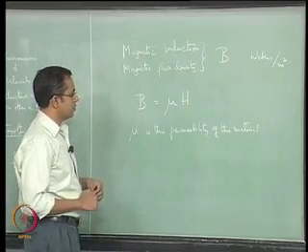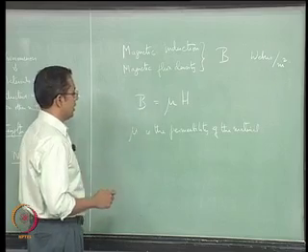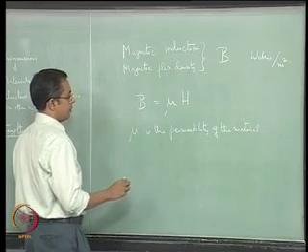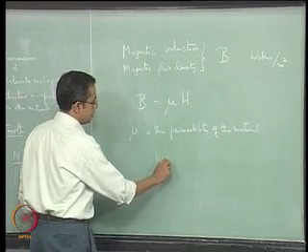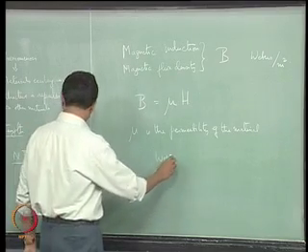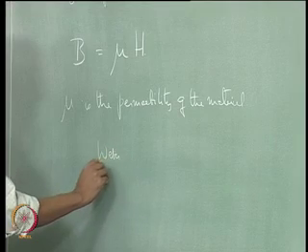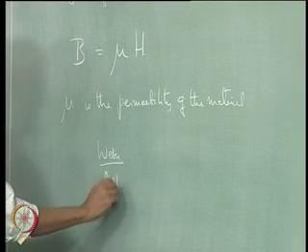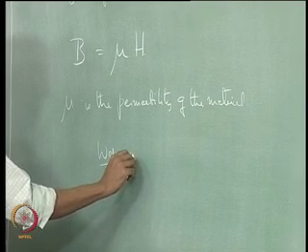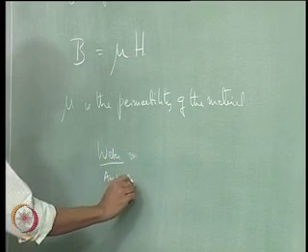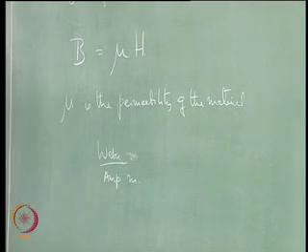Okay, so this is what we have, and you can see the units of mu. It is going to be Webers per ampere meter. This is what you will get, Webers per ampere meter.